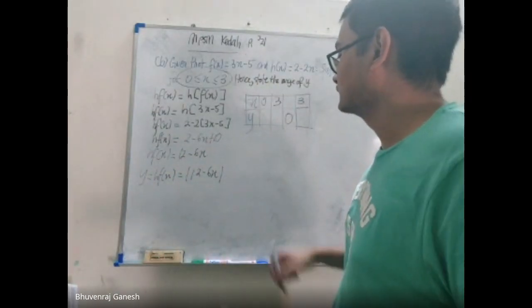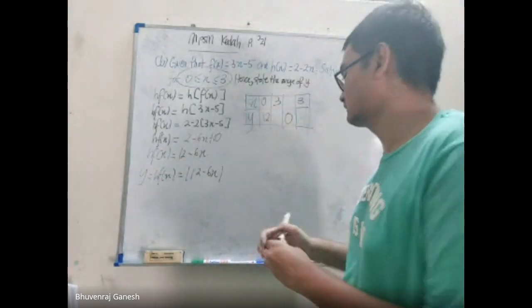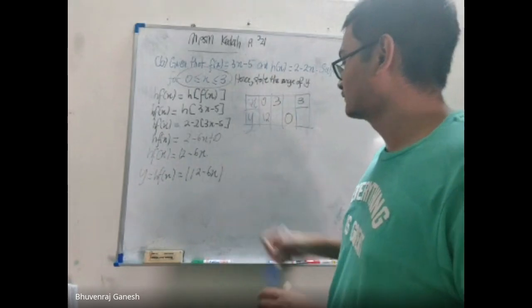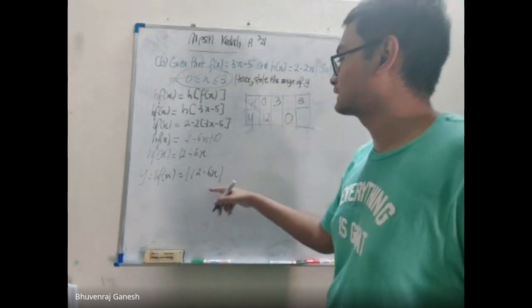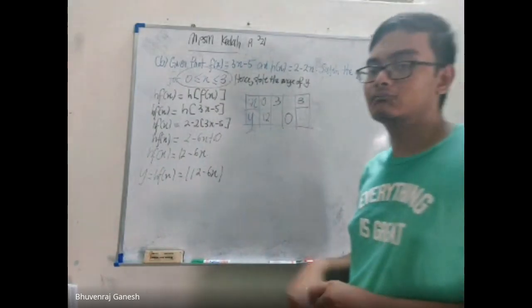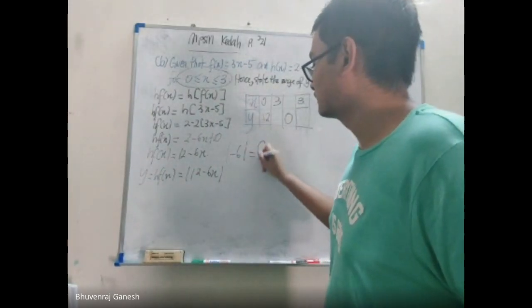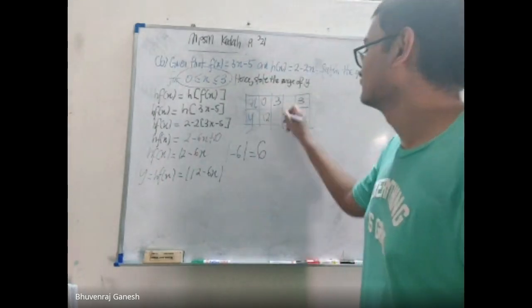So when x is 0, you get y is 12. Modulus of a positive number, you still get the value of it. If x is 3, this is when the case comes: 12 minus 18, you get modulus negative 6. Modulus negative 6, you only take the positive 6.